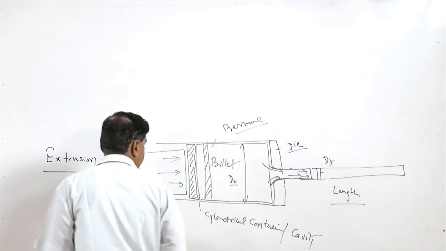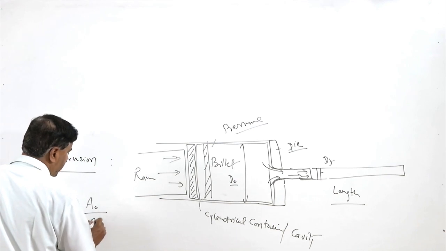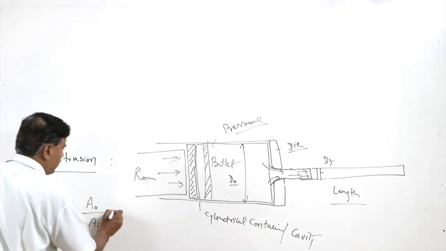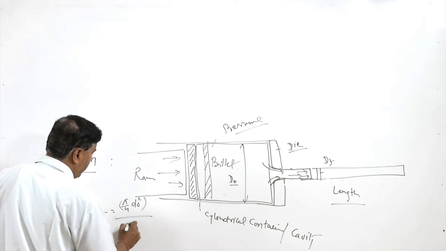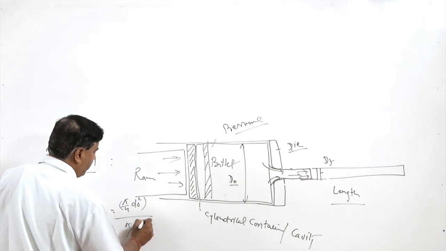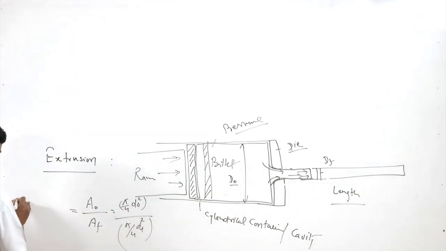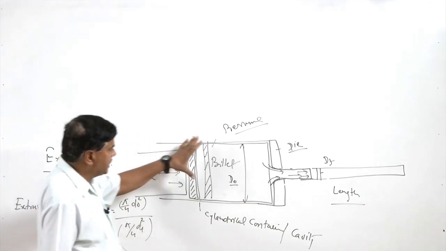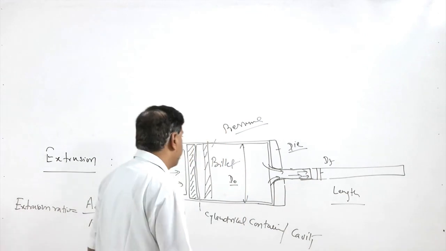So, we can determine the area before extrusion divided by the area after extrusion, and the ratio of these two is determined from pi by 4 d naught square divided by pi by 4 df square. This ratio is called the extrusion ratio, and it indicates the extent of change in cross section of the billet brought to the extruded product.